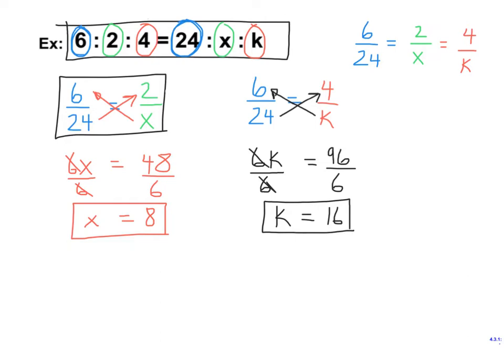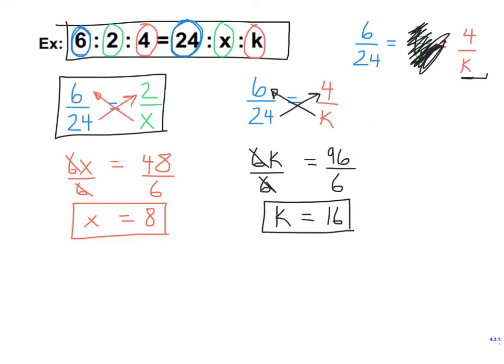How do I find k using these 3 fractions? Well, I know that I have to have a fraction that has both numbers on top and bottom. So if I'm finding k and I'm interested in finding the k value, I'm going to erase the other unknown value like this.